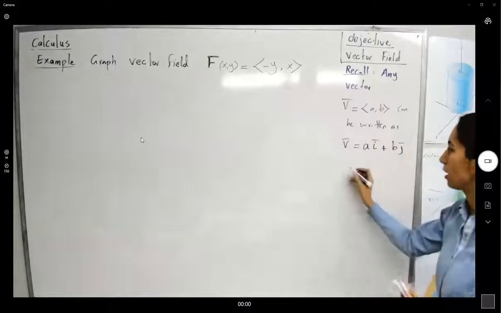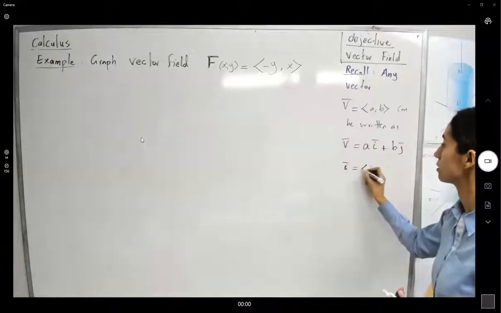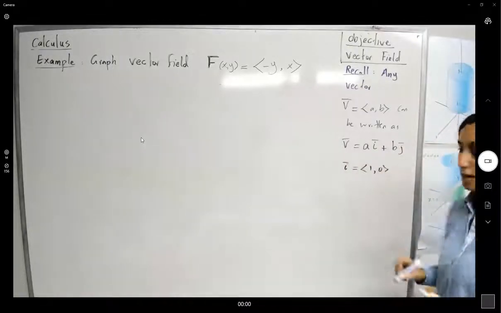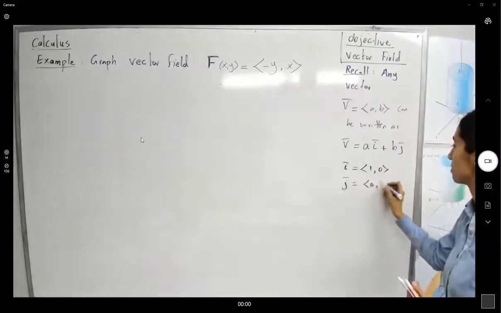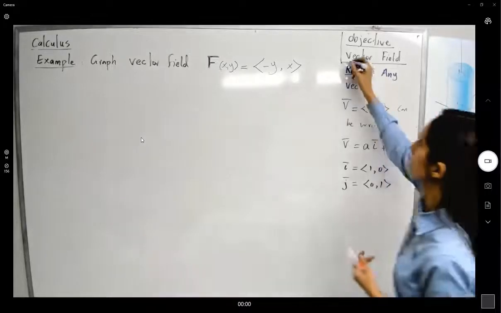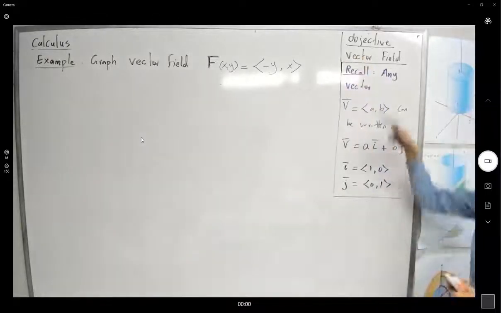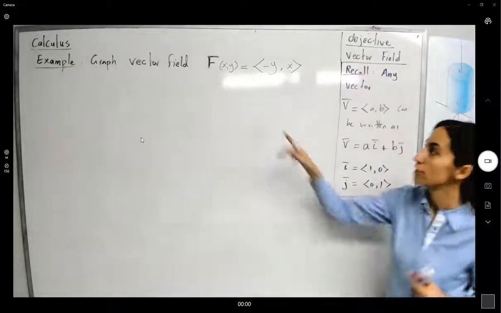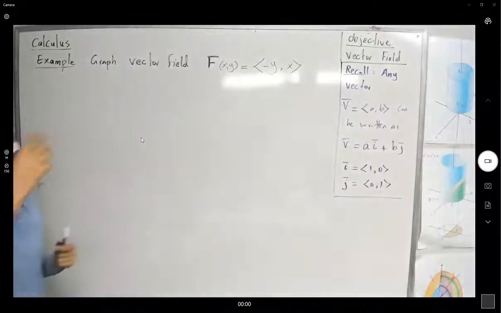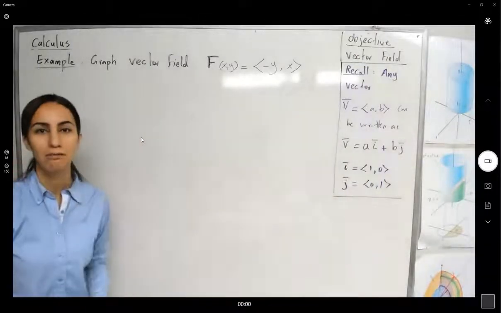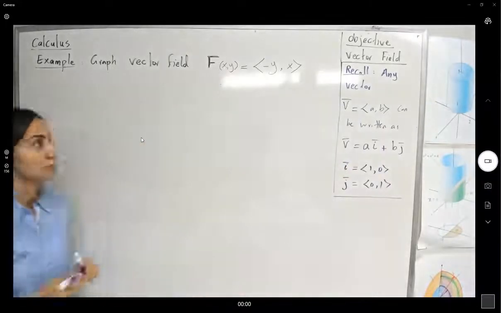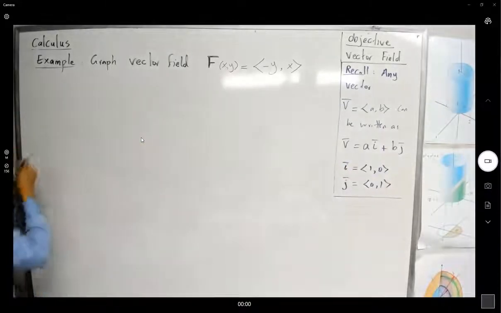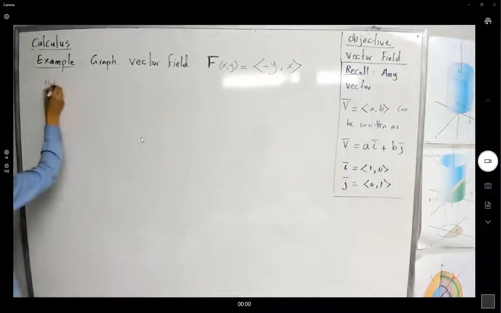Remember that i was the unit vector representing the x-axis and j was the unit vector representing the y-axis. So based on the definition that we saw before, we can rewrite this vector function using i and j as well.